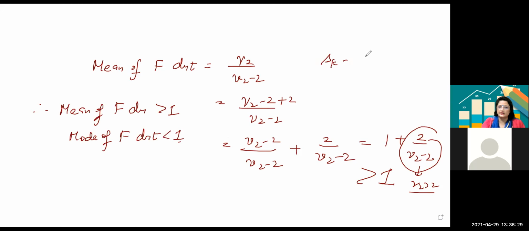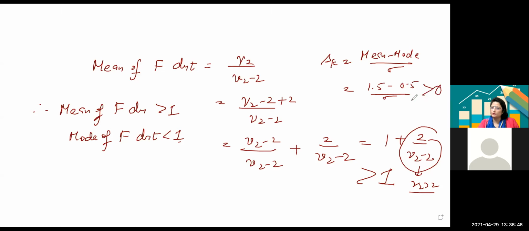Therefore SK, क्या लिखा, mean minus mod divided by sigma. सो mean जो है वो एक से बड़ा है। सपोज करो मैंने 1.5 लिया, ठीक है। मॉड जो है वो एक से कम है, मैंने कितना ले लिया, 0.5। सिग्मा हमेशा पॉजिटिव होता है तो whole quantity जो है वो कितनी हो गई, greater than 0। Therefore skewness greater than 0 आ रहा है, इसका मतलब जो F distribution है it is a highly skewed distribution.